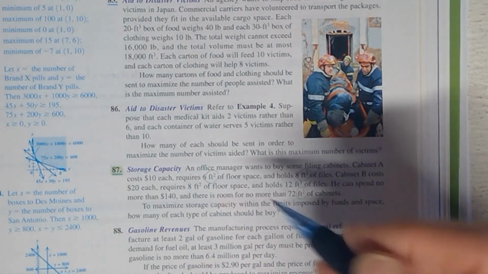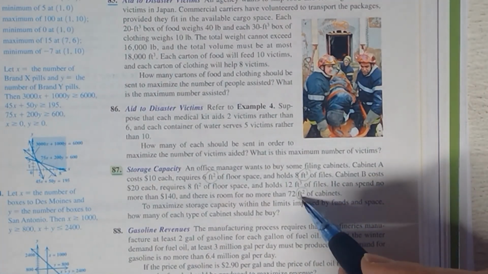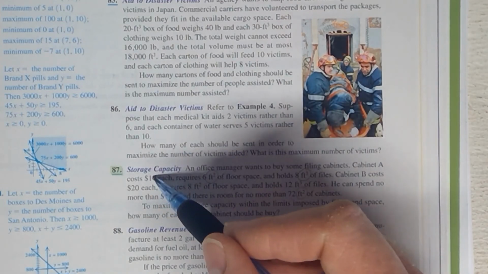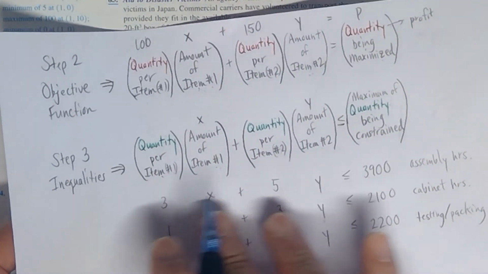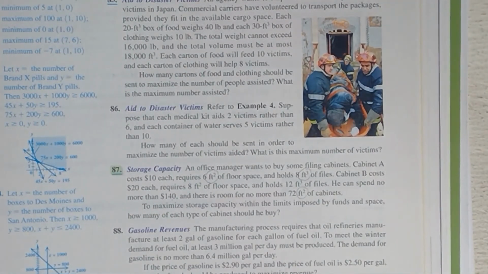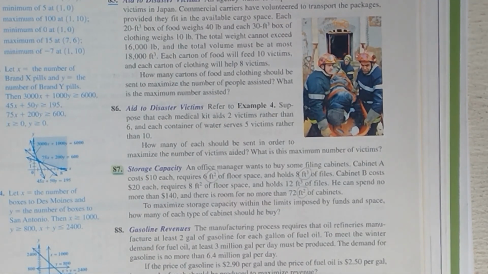That's the reason why 6 and 8 are going to be in the same inequality as the 72, because they all go together. And the 10, the 20, and the 140, they'll all be in the same inequality as well, going straight across like this, because they are all related to money. So that would make sense as well. And so I just wanted to give you a heads up on that.